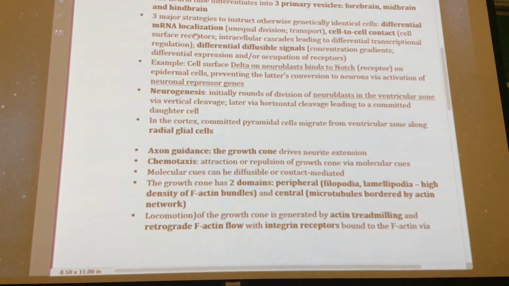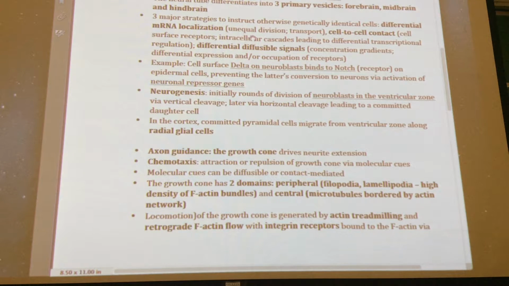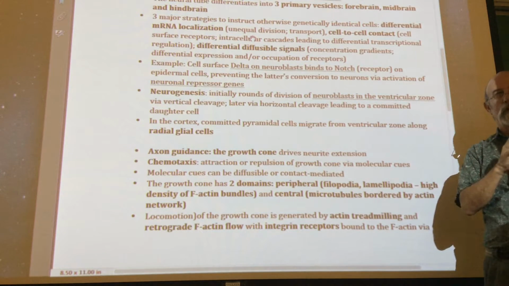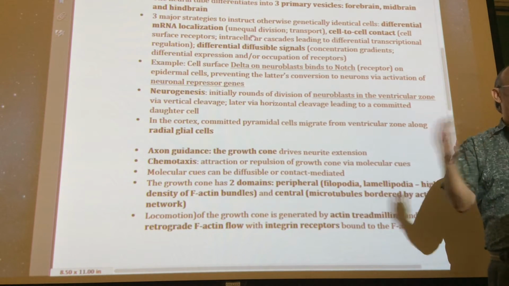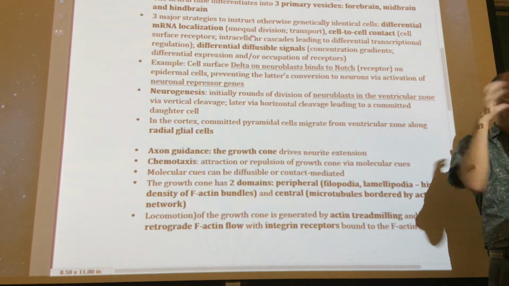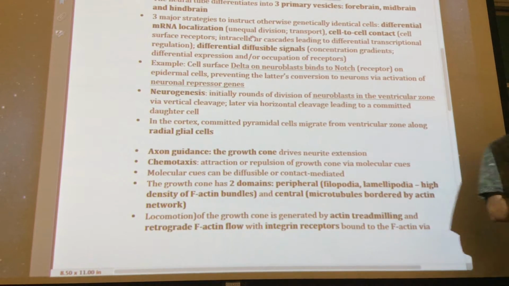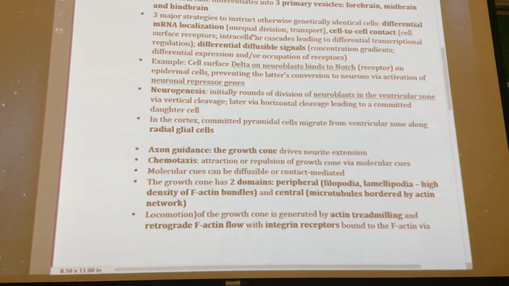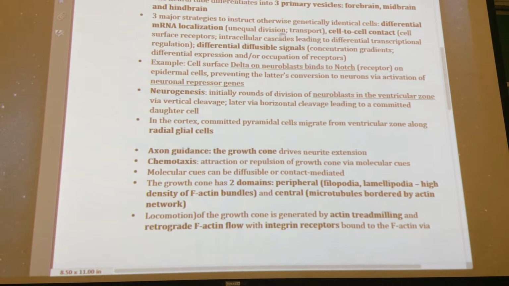So you could have mRNA localizing differently. I wrote here unequal division. What I really meant there, looking back at this, is that you have unequal distribution of the mRNA during division. That doesn't mean you have a little cell and a big cell during division. You have 2 cells, and this one has a little bit different amount of RNA. Okay? And then, of course, transport. So the RNA may be moved to a different part of the cell.